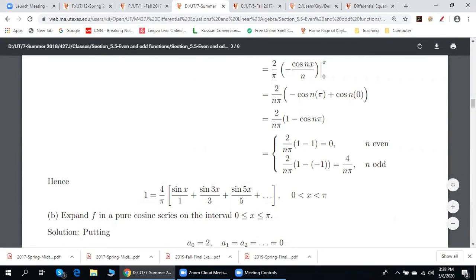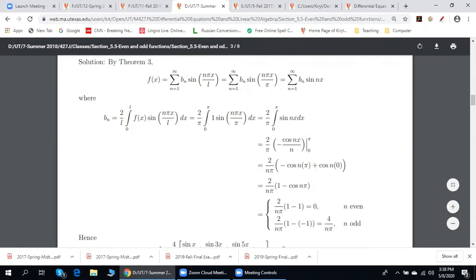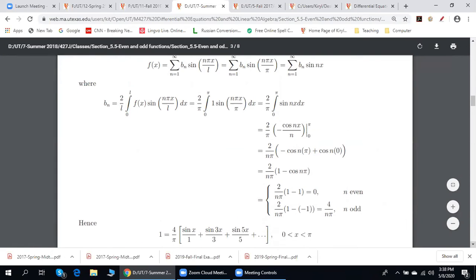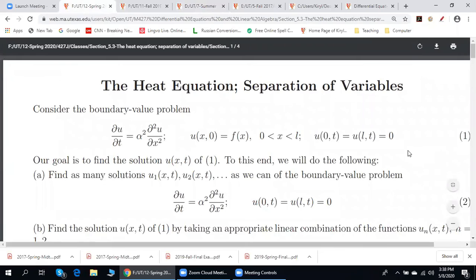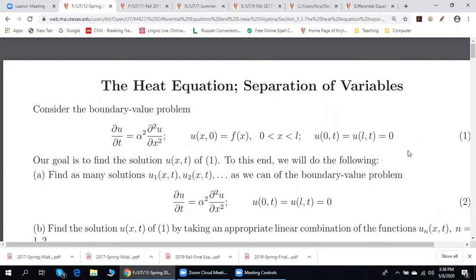Folks, any questions about example number 1? I have a more general question. Yes. What is the significance of having two methods, an and bn, to get this series? Well, once again, it all depends on our needs and our applications. The heat equation is not the only application of Fourier series.